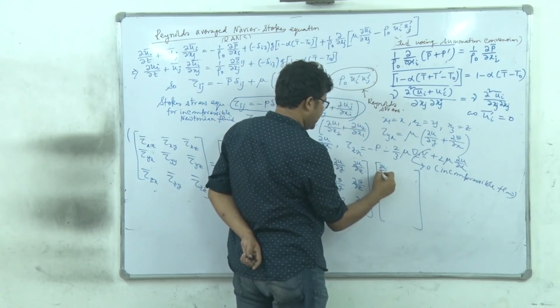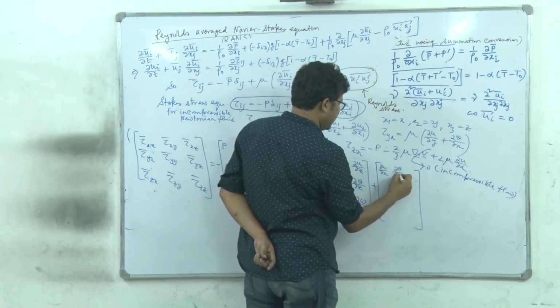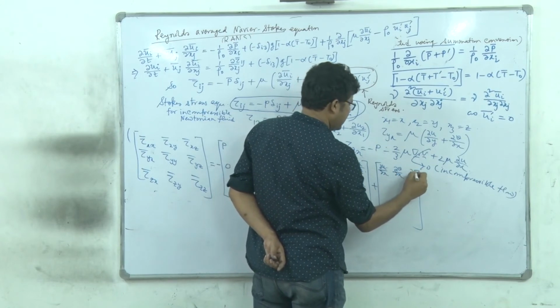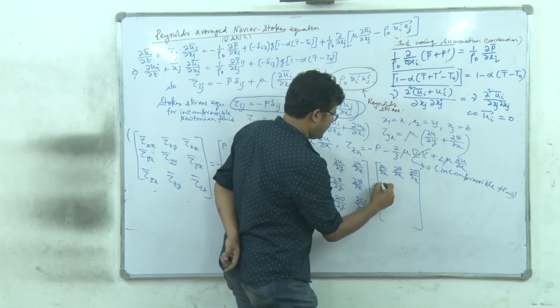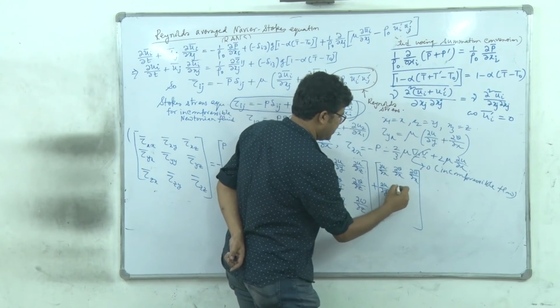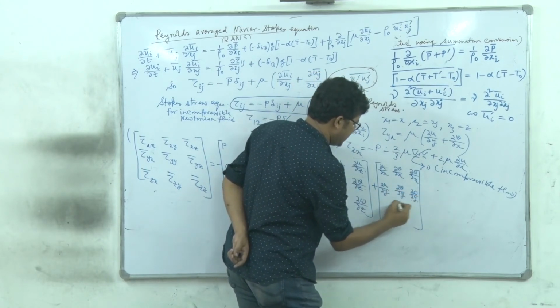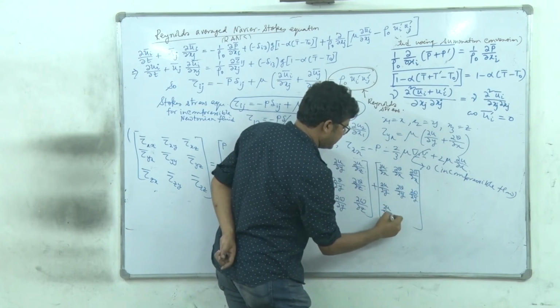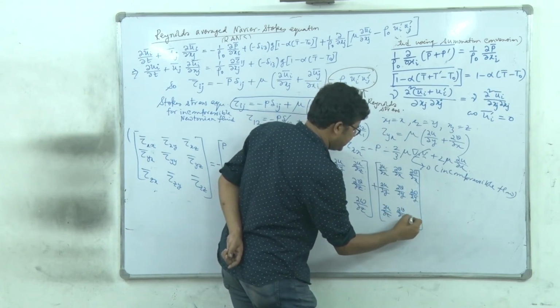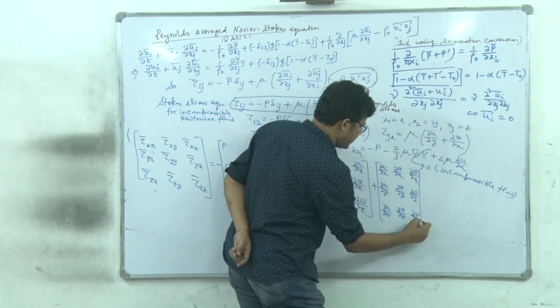So ∂U/∂X, ∂V/∂X, ∂W/∂X, ∂U/∂Y, ∂V/∂Y, ∂W/∂Y, ∂U/∂Z, ∂V/∂Z, ∂W/∂Z.